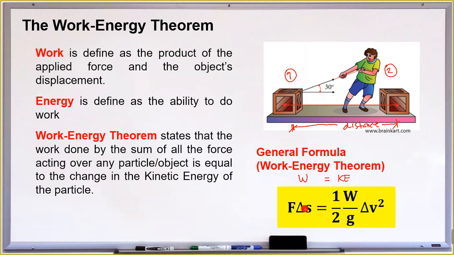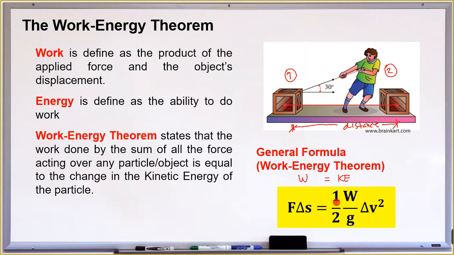So of course, once we pull the object, it moves at a certain distance, or at a certain displacement. So that's why delta S. And then we equate that one into the energy that is being produced or that is being transferred from the man towards the object, and that is in a form of kinetic energy.